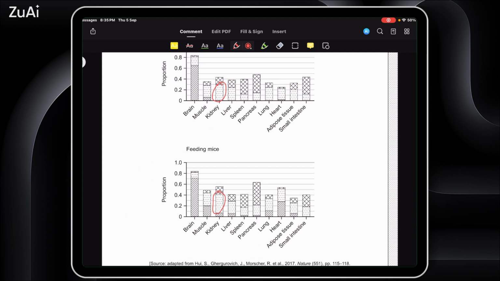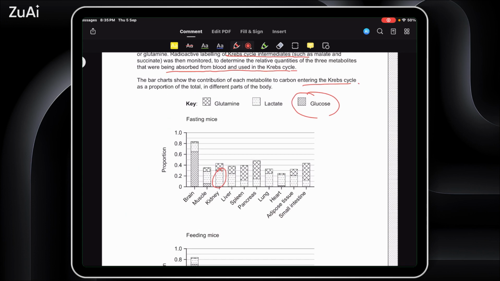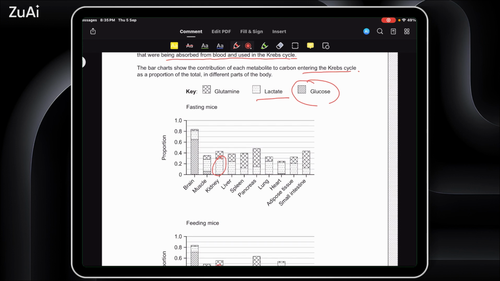And for the lactate turnover, highest turnover for the lactate as compared to glucose, you can see.